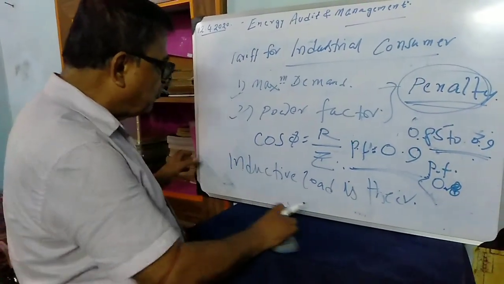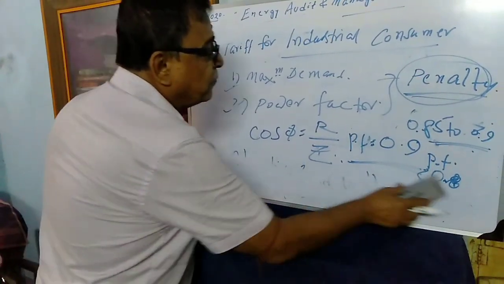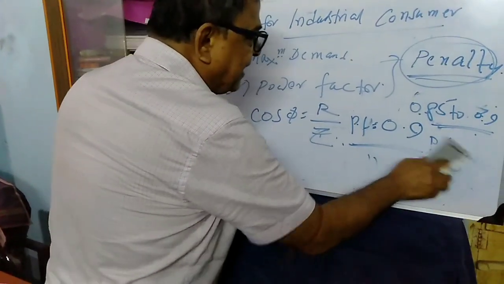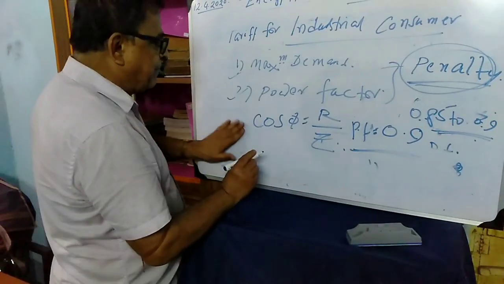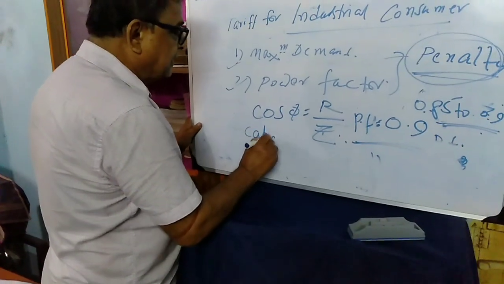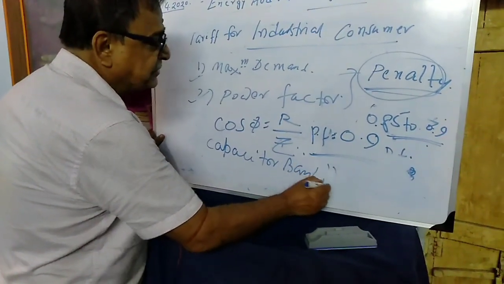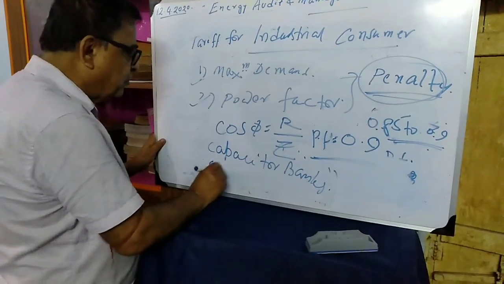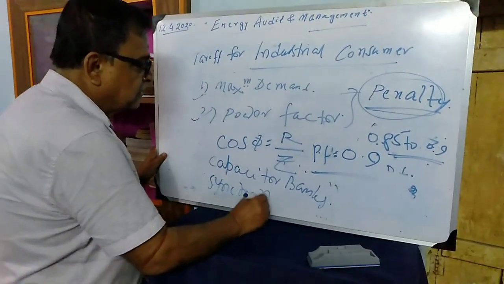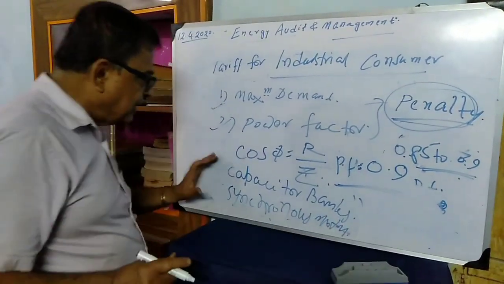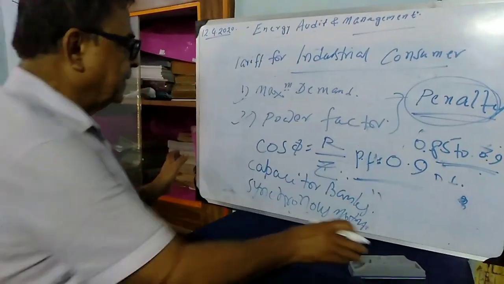One more thing is there. For increasing the power factor, we have different systems. We can use capacitor banks of different types as per calculations. Then synchronous motors: if we run a synchronous motor, the power factor will improve automatically.